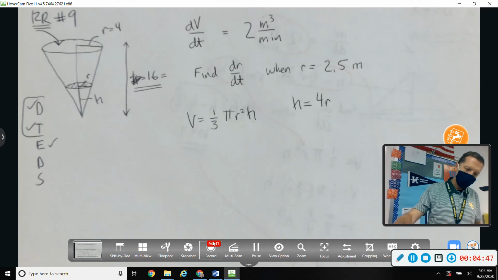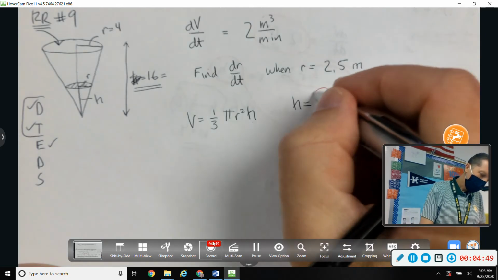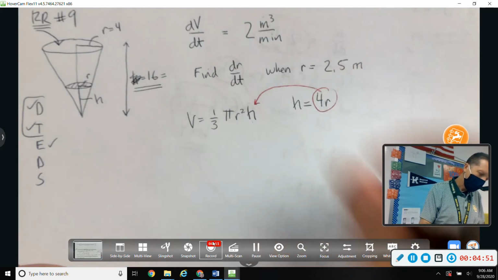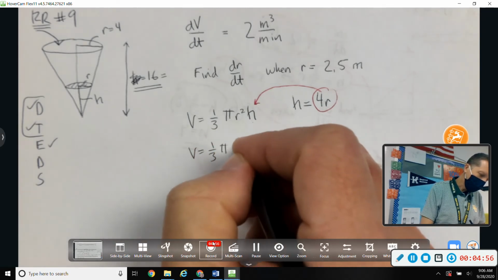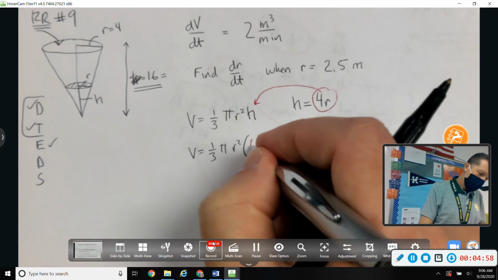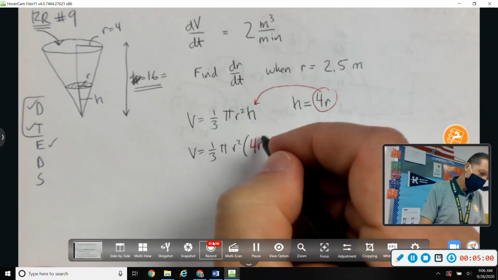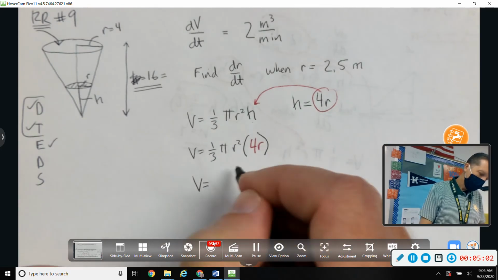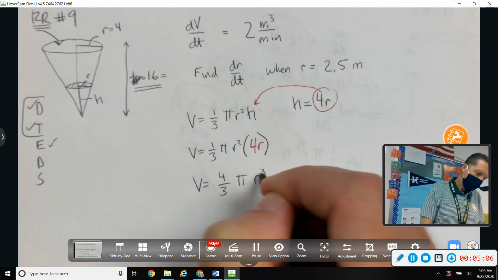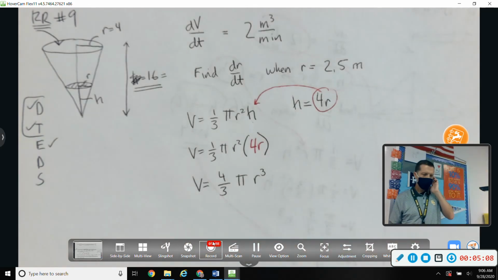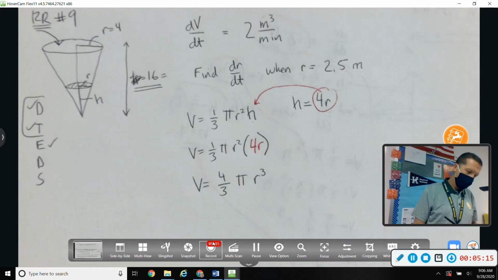So in place of h, I'm going to put 4r. 1/3 pi r squared times 4r. So a little bit of algebra, 4/3 pi r cubed. So good with the equation.